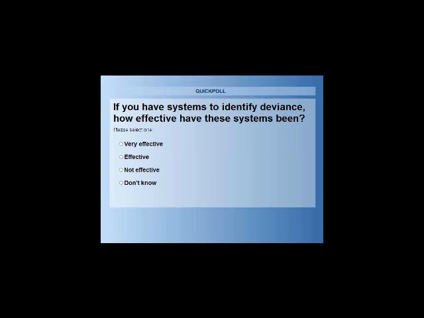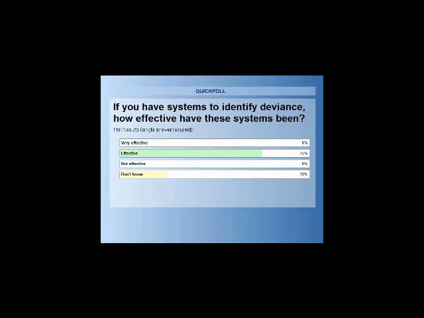Okay, we'll close that off there. So what we're seeing here is that for those of you that said you did have systems in place to identify deviance, about 75% of you are saying that you believe those systems are effective, and about 25% unsure. So I think that's an interesting picture to see how well we think some of our systems are working, in fact.